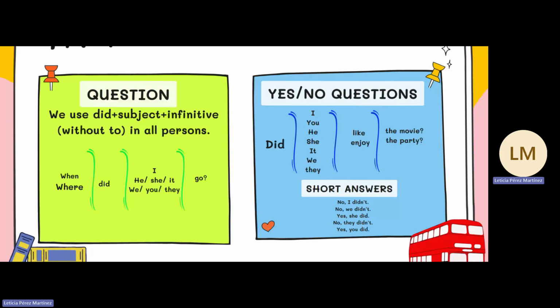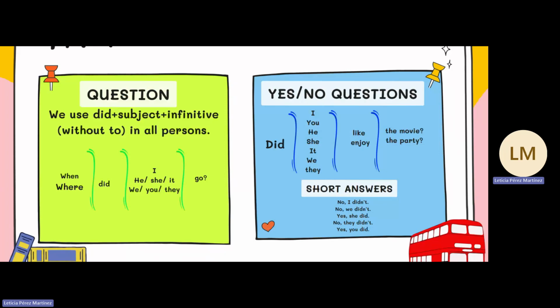Did you enjoy the party? Yes, I did. Did you enjoy the party? No, I didn't. Okay? In this case, only when we use the auxiliary did at the beginning of the question, I have to use an answer yes or no. Not in the case when we use a WH question.